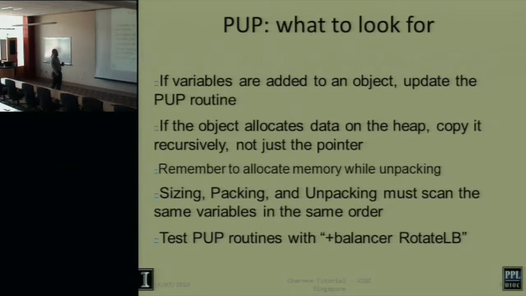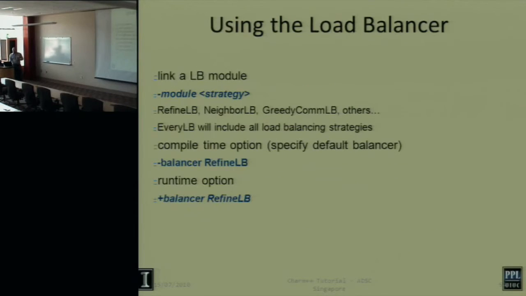And this is useful as opposed to a regular load balancer, which will usually not move that many objects, depending on how balanced your program is. Whereas RotateLB will move extra. So if you have difficult to reproduce load balancing problems, and you think it might be due to one of your pups, just throw in the RotateLB, and they will be revealed.